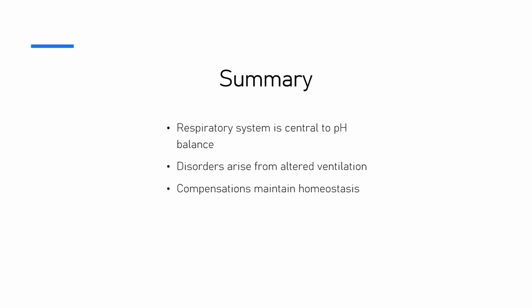To sum up the discussion today, we went over how, by controlling carbon dioxide, the respiratory system preserves pH equilibrium. Also, hypoventilation causes respiratory acidosis, which lowers pH and causes carbon dioxide to be retained.